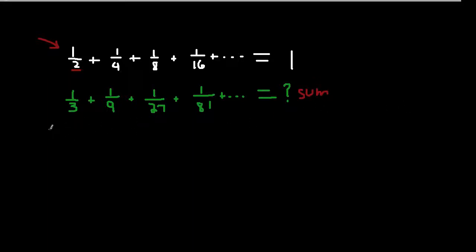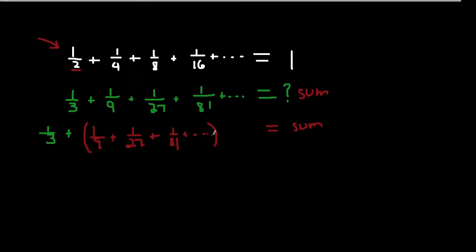And I know that sum is equal to 1/3 plus 1/9, let me write this in red now, 1/9 plus 1/27 plus 1 over 81 plus dot, dot, dot. So it's 1/3 plus all of these terms right here. And that's equal to sum.